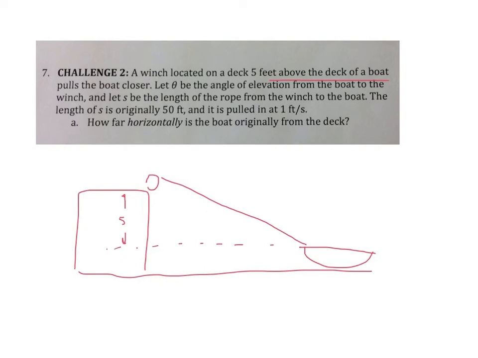And so this winch is going to be moved so that this rope gets closer and closer. And if we call this angle theta, and we'll call this length s, and that s is going to be changing such that the change in s with change in time is 1 foot per second. We're going to answer some questions about that.